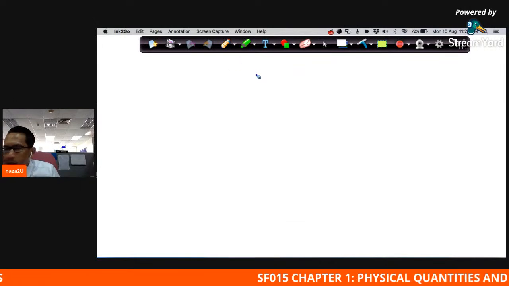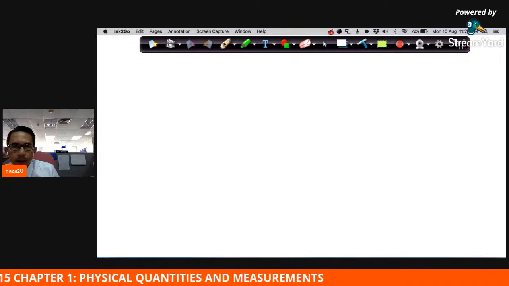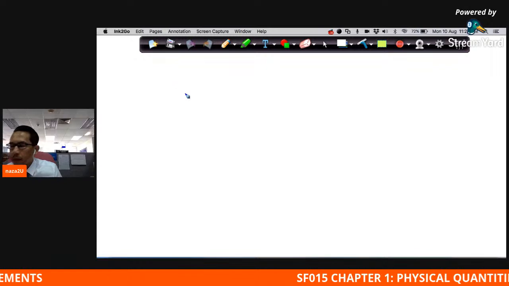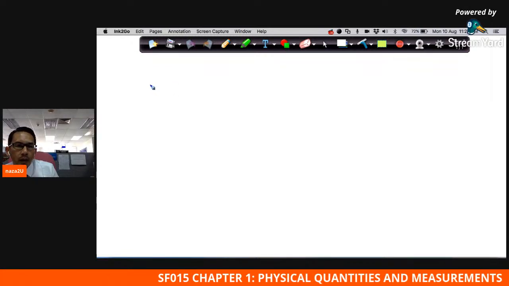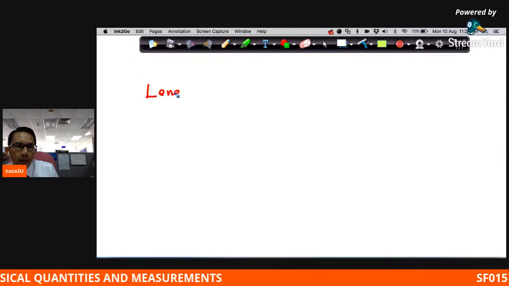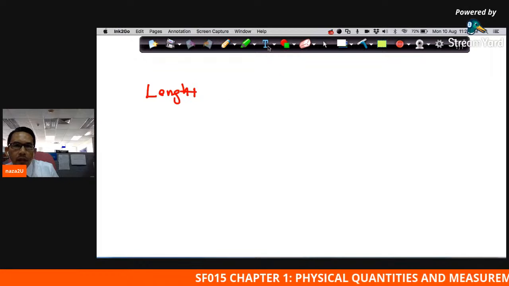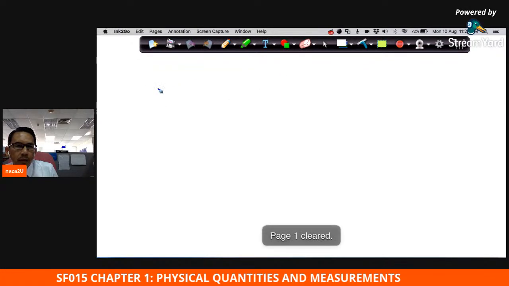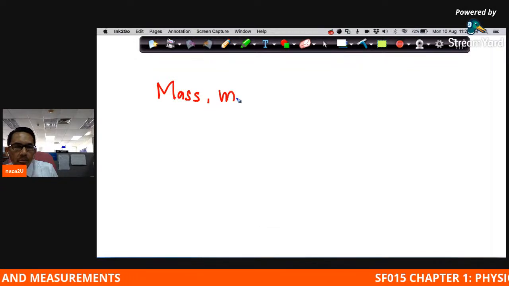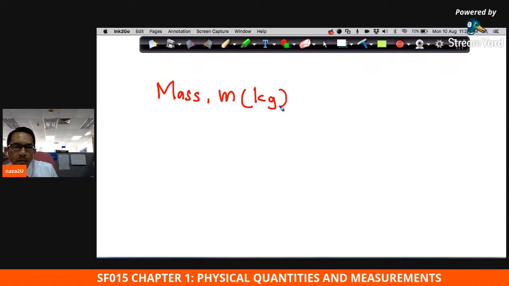Okay. So this is a sample. Say you have the basic quantity. You have a length, right? Mass M. As you know, the mass unit is a kilogram.